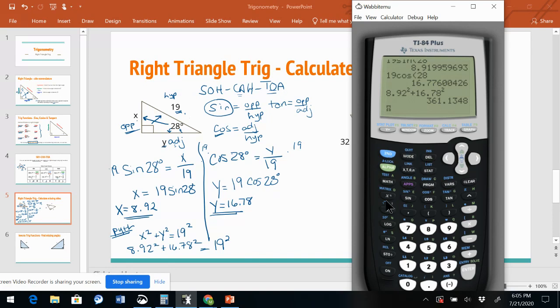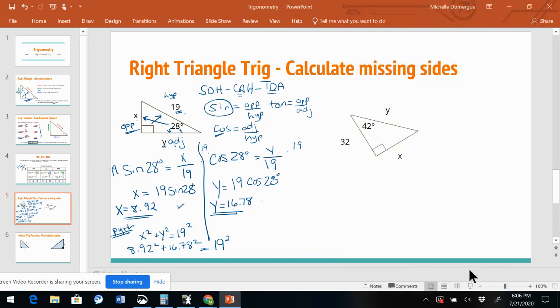So if I take the square root of that, I should get 19. So let me do second function square root. And I'm going to go up and grab my value and enter. And I do indeed get 19. So these are the correct sides of the triangle that we solved using trig functions.